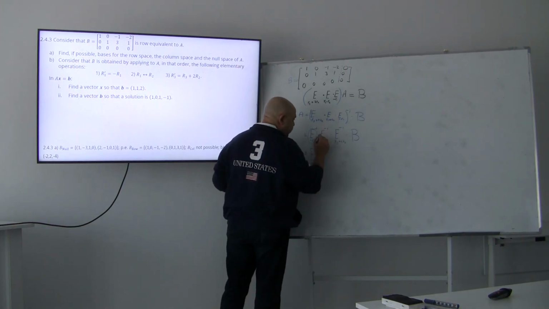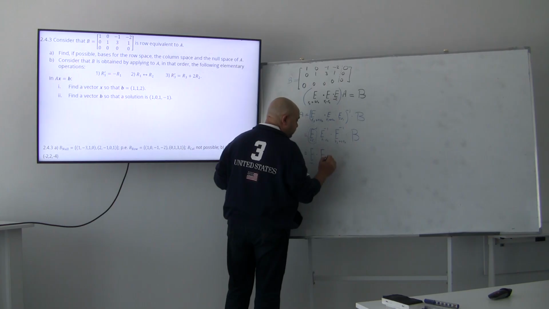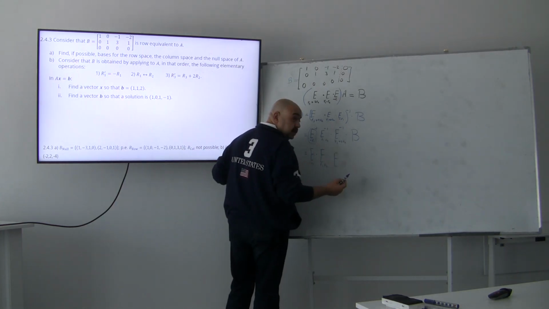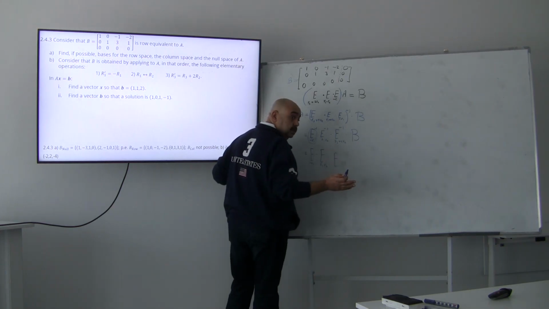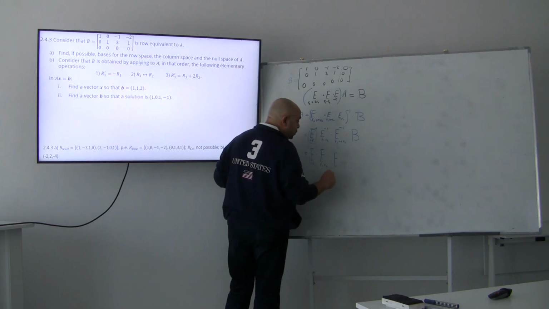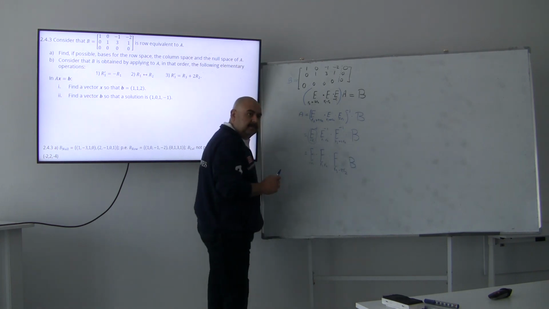Then for this matrix, the inverse will be the same: R1 and R2, I will replace them once more. And then for this matrix, instead of adding 2, I will subtract 2. That's the inverse of this operation. So it's going to be R3 minus 2 times R2, and all of them are multiplied by B.